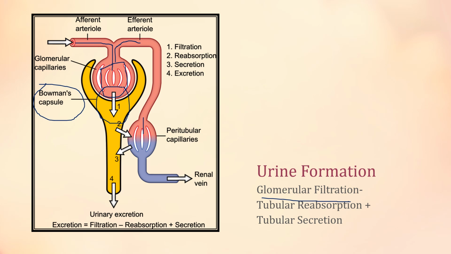Eventually urine is formed, and before urine is formed, some fluid is reabsorbed. It is called reabsorbed because absorption occurs in the intestines. When it is filtered by the kidneys and absorbed again, it is called reabsorbed. Some substances pass from the peritubular capillaries into the renal tubule, and this is known as secretion.